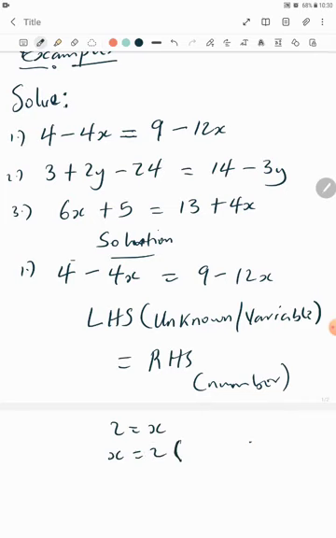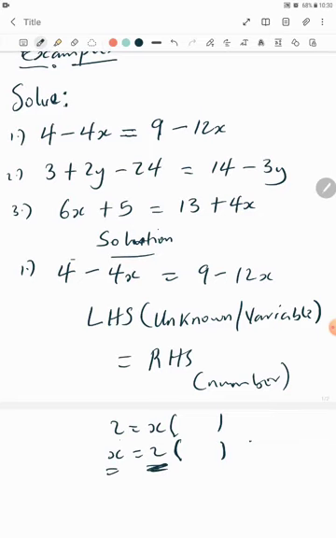But this looks more reasonable than this. So it's better for us to write what we don't know first and say this is the value of what we don't know. That is, x now is equal to 2. X that we do not know, we are now saying it has a value of 2, rather than saying 2 is equal to x. Both of them mean the same thing, but this is much more presentable.